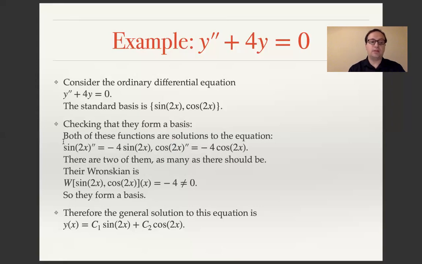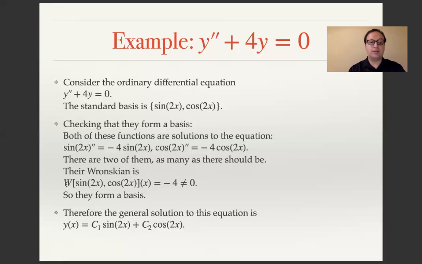Okay, so we check that these are solutions, and then there are two of them, and we want there to be two functions in the basis, so this is appropriate. And then, if we have two functions, it is enough to check that their Wronskian is non-zero.